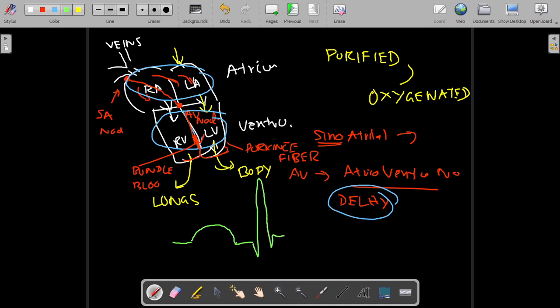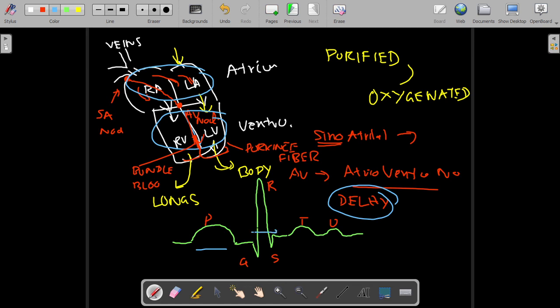Then slowly your ventricle muscles will relax, you'll have some impulses, then your Purkinje fibers will relax, and then you'll get your final ECG waveform. This is normally given the terms P, Q, R, S, T, and U. P is mainly due to contraction of the atria.